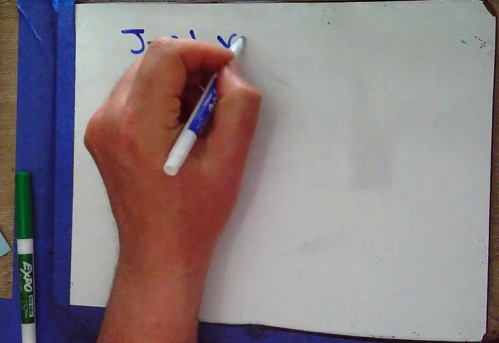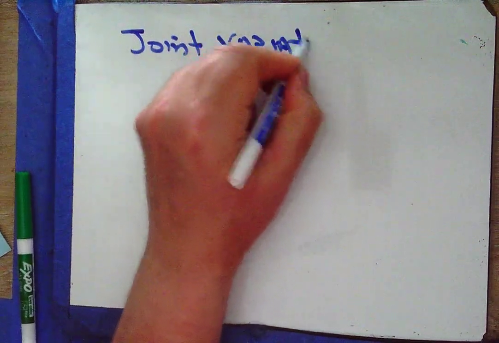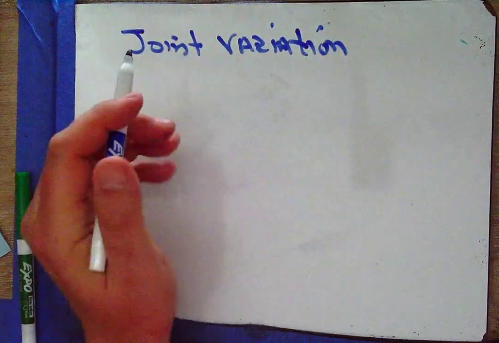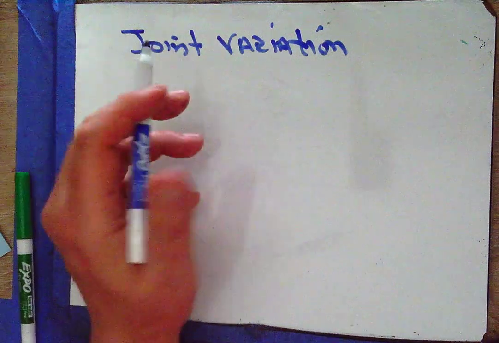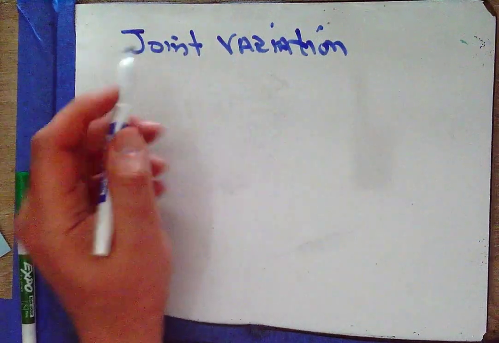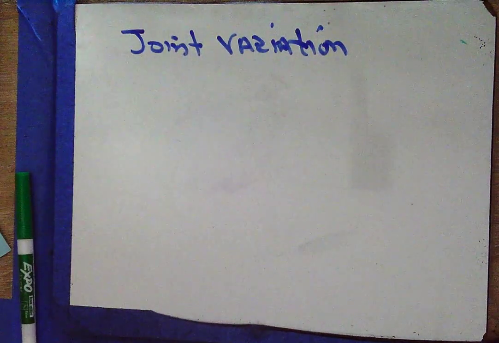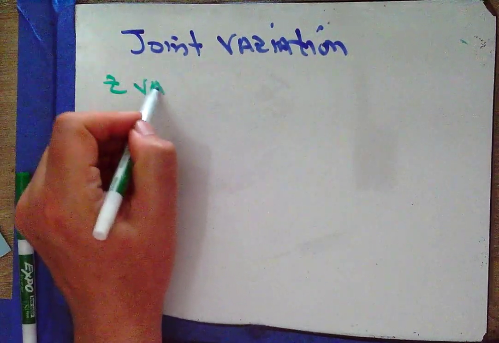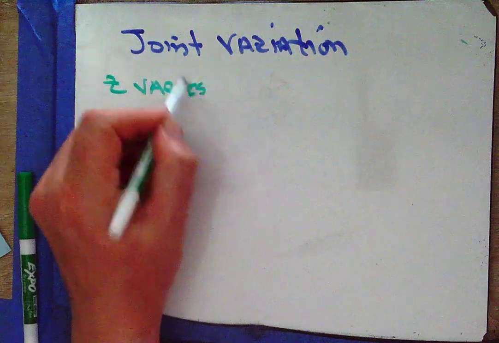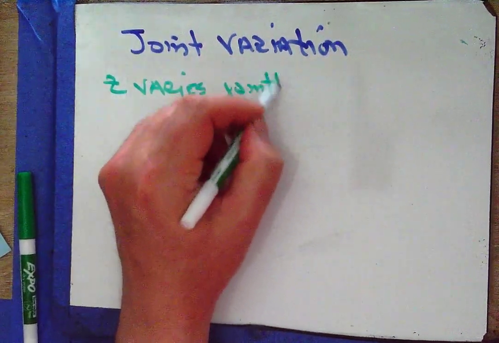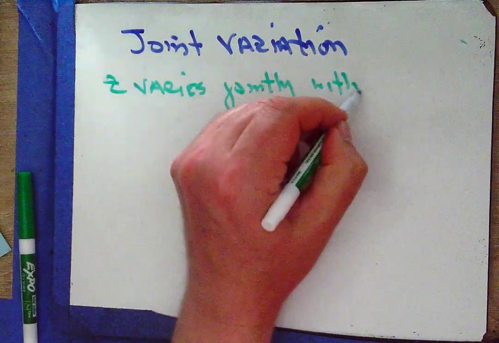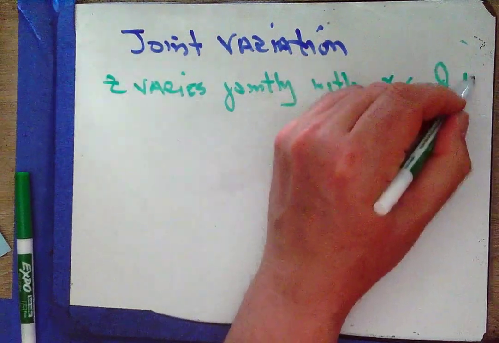So then we have joint variation. And joint variation is where we vary depending on a couple of things, like we might see, for example, z varies jointly with x and y.